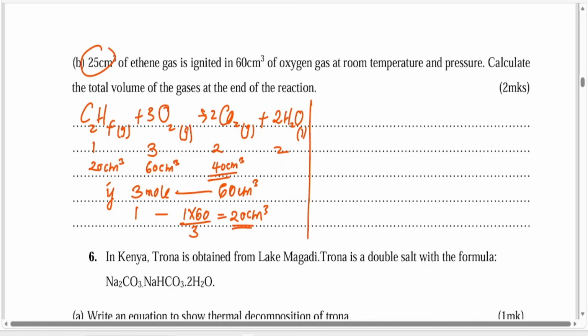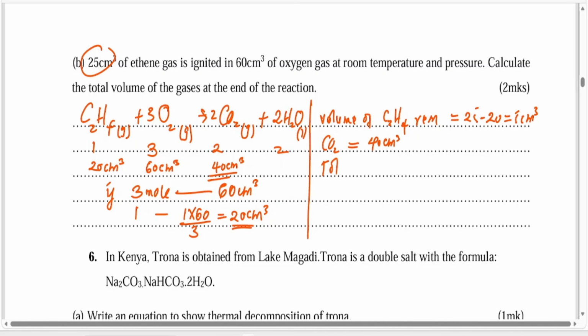So we can work out the volume of ethene that remained. This amount is going to be 25 minus 20, and we are going to get 5 cubic centimeters. Then the amount of carbon dioxide that was produced is 40 cubic centimeters.